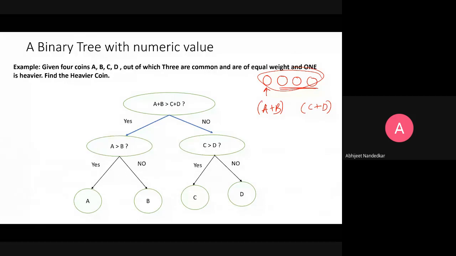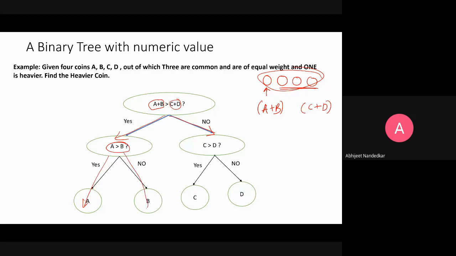Now, question arises here, if A plus B is greater than C plus D, then you go to this side. Otherwise, you will go to this side. Okay. Now, suppose A plus B is more than C plus D, then you check whether A is greater than B. Then you say straightway A is the heavier amongst 3.